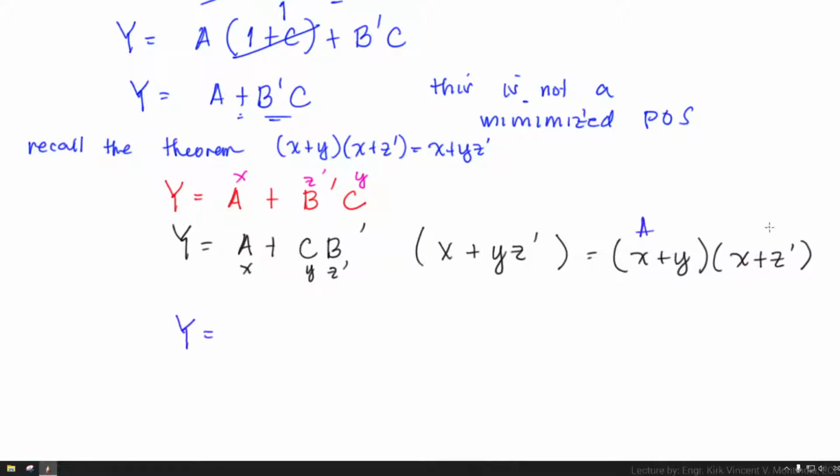So, di ba ito ay a, then ito ay a. Sinong akin na represent na y? Di ba c? And then, sinong c prime ko? That is c b prime ko. Okay, then my answer should be that is a plus c and then multiplied by sa a plus b prime. Okay, now, this is the correct na minimize.